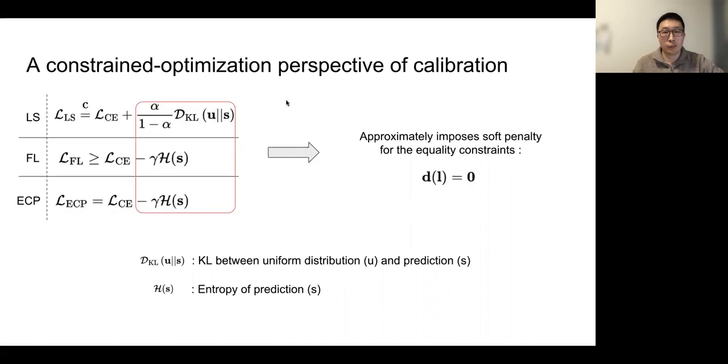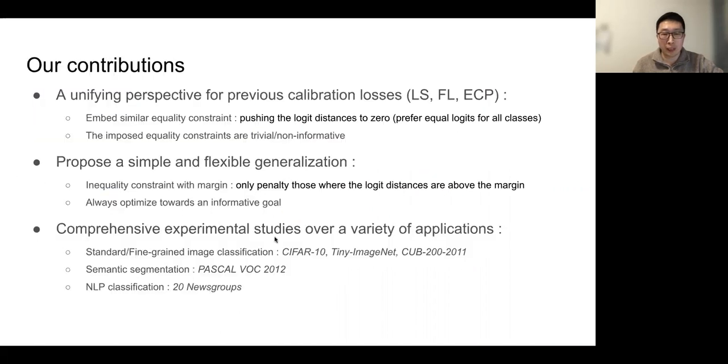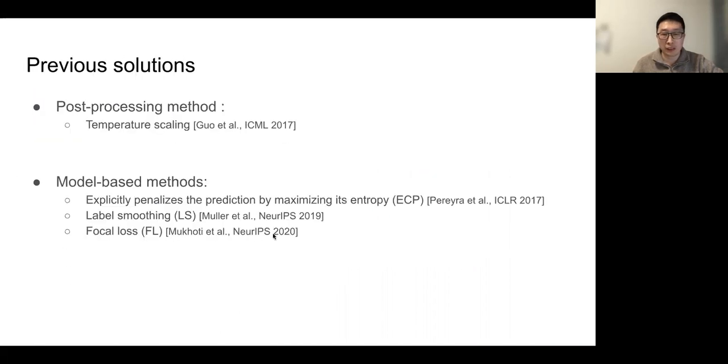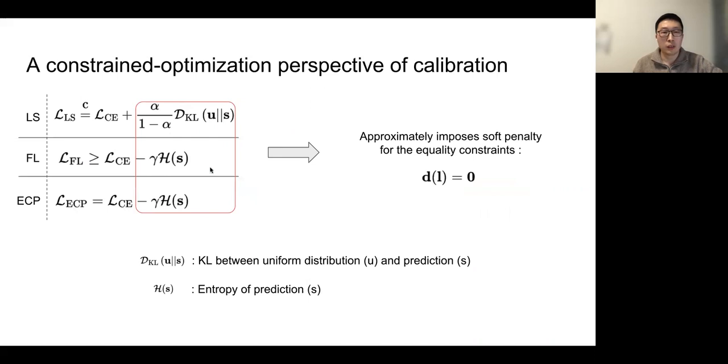We follow good practice from this NeurIPS 2020 paper, because they have very good experimental studies. In practice, the alpha in the label smoothing is set to 0.05 to get good results. For the focal loss, the lambda is set to 3.